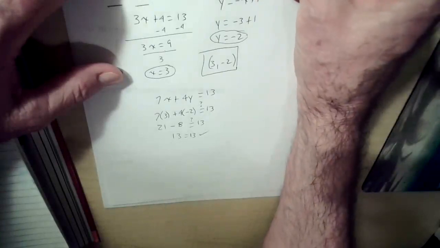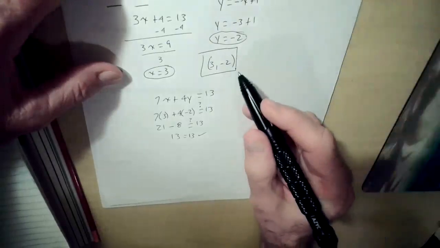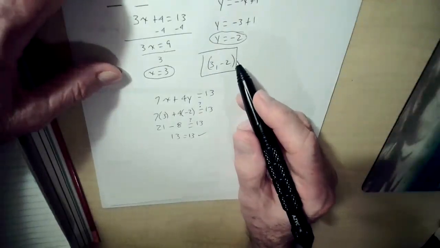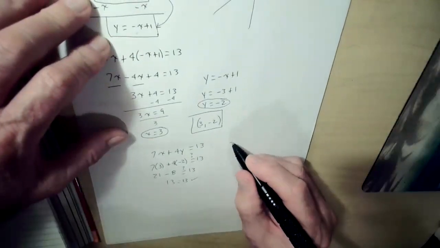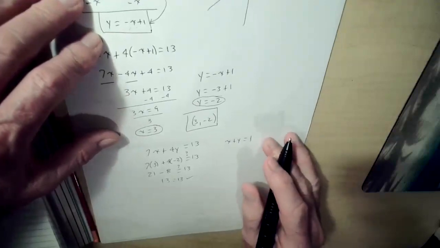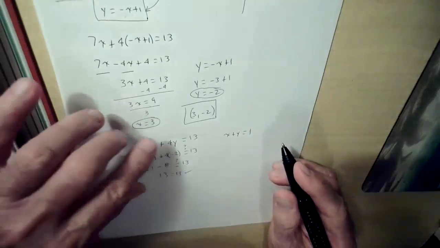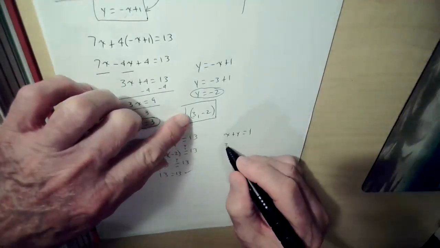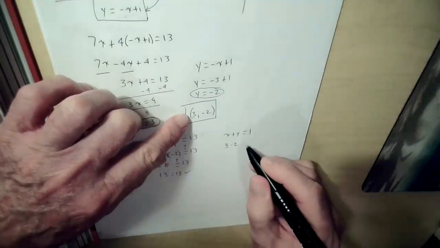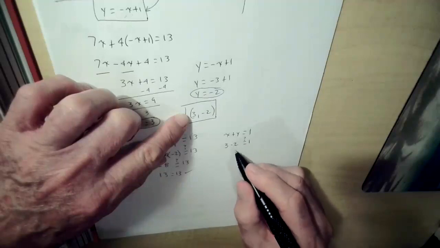Now, it can't just work for one. It has to work for both of them. Because remember, what are we trying to do here? We've got a line here. We've got a line here. This is the point of intersection. So this one point, 3, negative 2, has to work for both of the equations. So we get x plus y equals 1. Our x is 3.